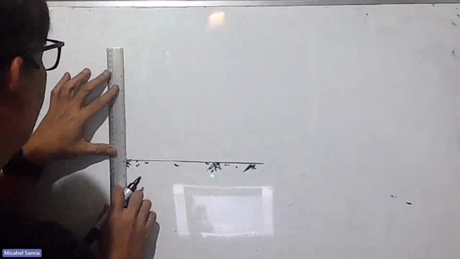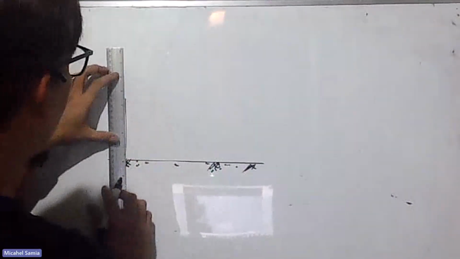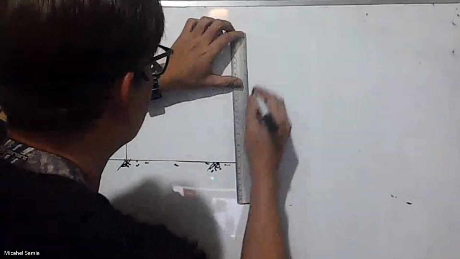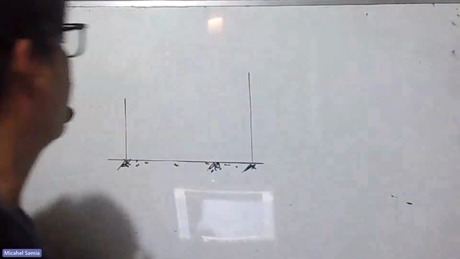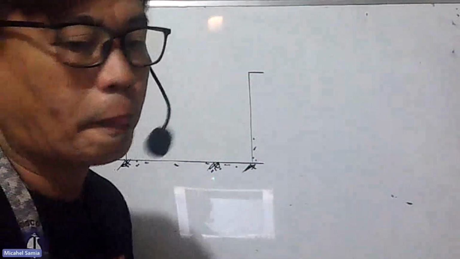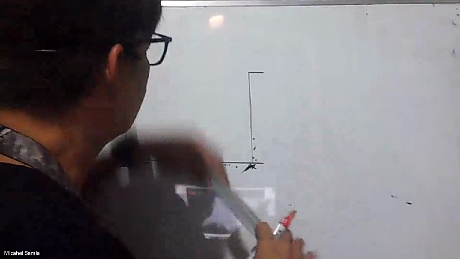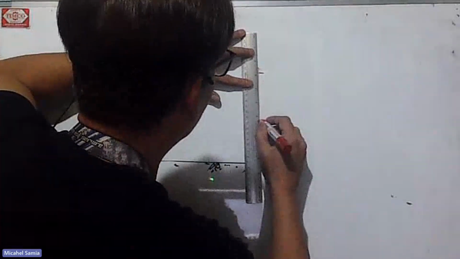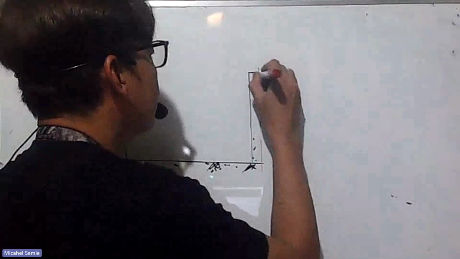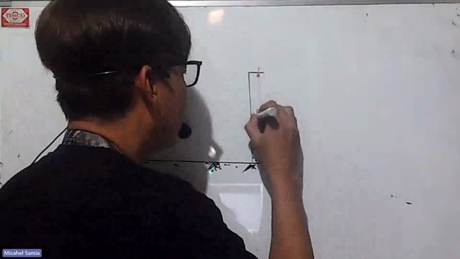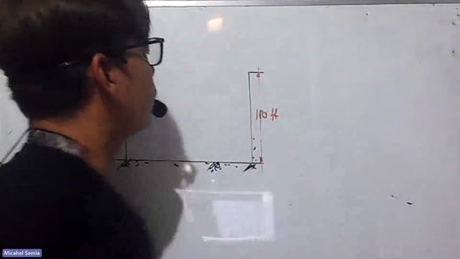One building, its height wasn't stated. This one has a height of 100 feet, maybe across the road. So this is the height of your building, 100 feet.